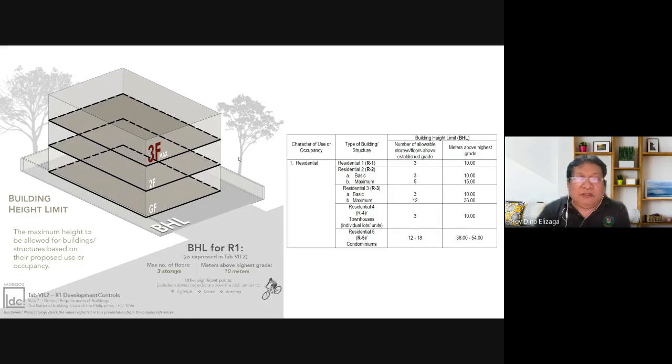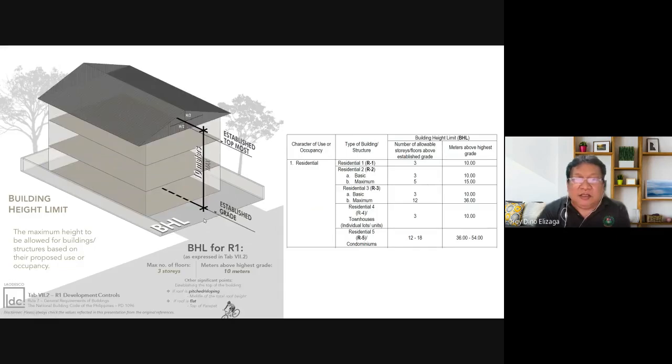You can have a loft or an attic. And this is how to determine the topmost part. When the roof is a gable, something like this, it's not really the top of the ridge, no? But halfway between the top of the beam and the top of the ridge.